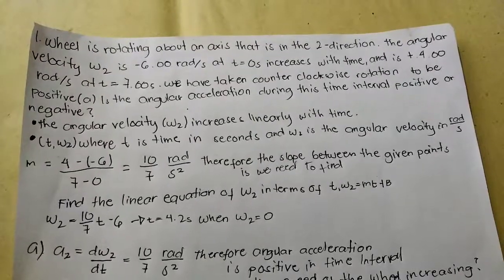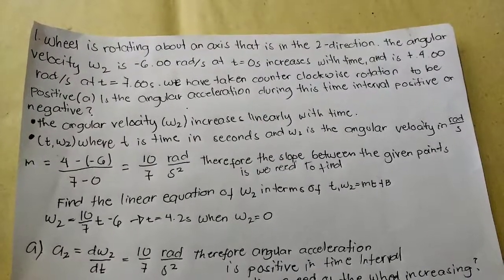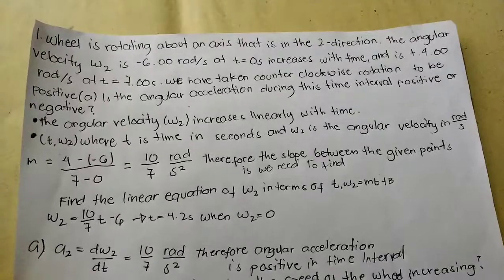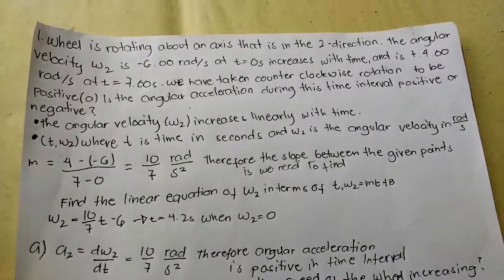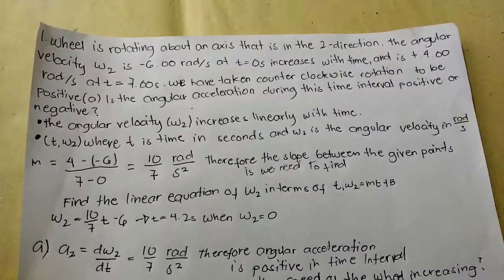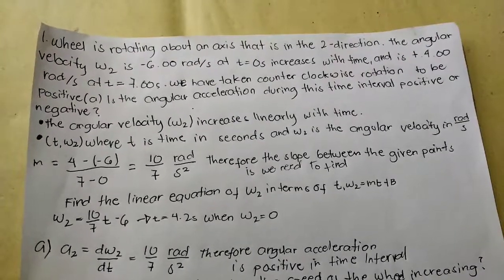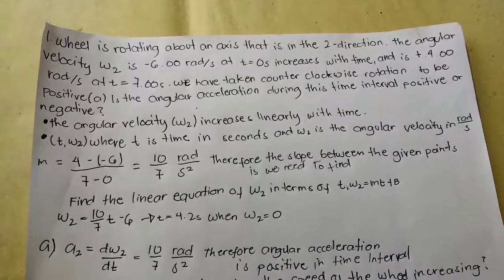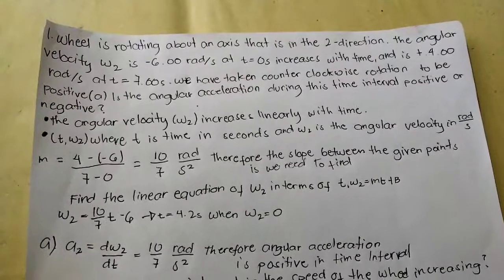Therefore, we need to find the slope between the given points: 4 minus negative 6 over 7 minus 0 equals 10 over 7 radians per second squared.